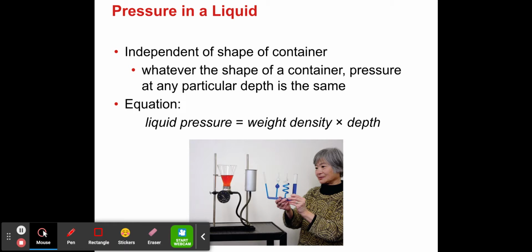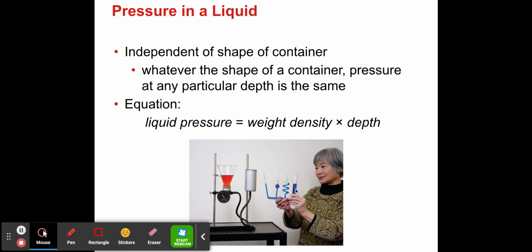Okay. When you put liquids in there, what you will realize is that all these liquids have the same level. They all will end up having the same level no matter the shape of the various tubes. Why? Because that is to confirm that pressure is independent of the shape of the container.